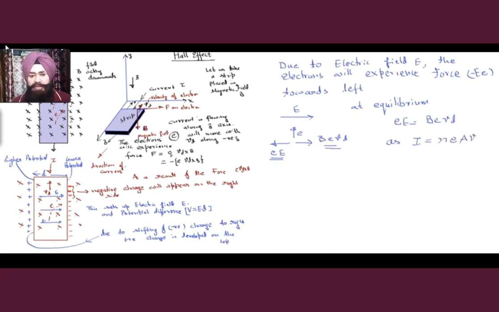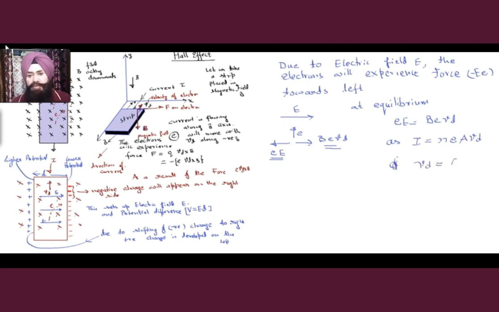And there is a relation of current and drift velocity: I equals n e A Vd. This is a relation between current and drift velocity. Keep in mind, n shows here the number density of the charge carriers.